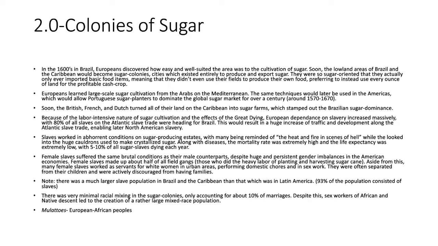So Europeans learn large scale sugar cultivation from the Arabs on the Mediterranean. They used the same techniques in the Americas, which would allow Portuguese sugar planters to dominate the global sugar market for over a century. That's 1570 to 1670.